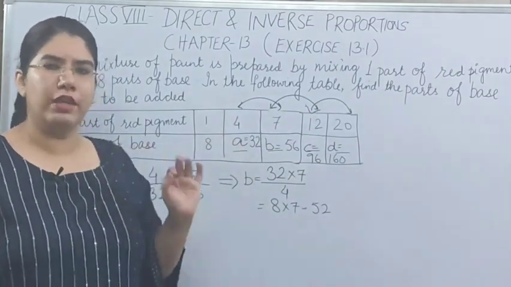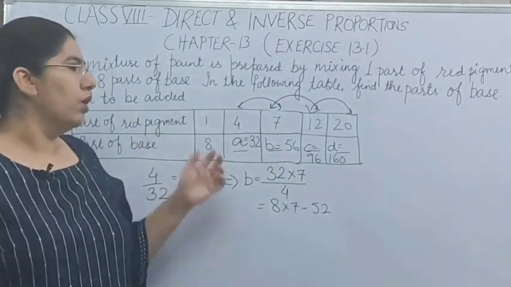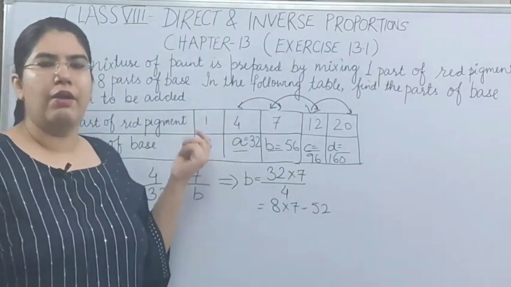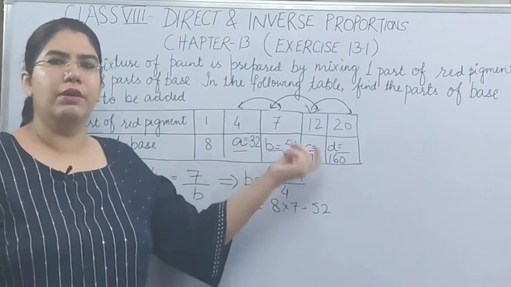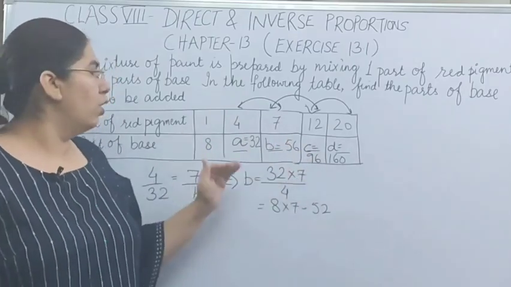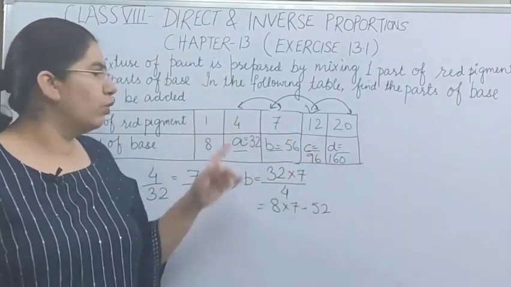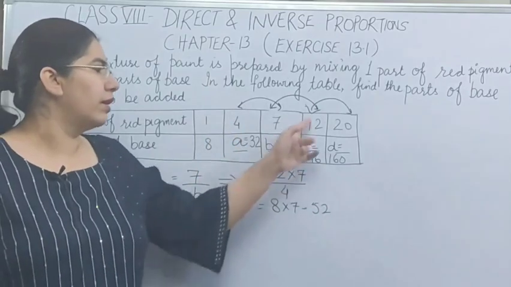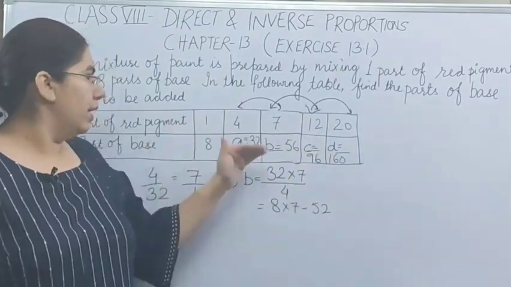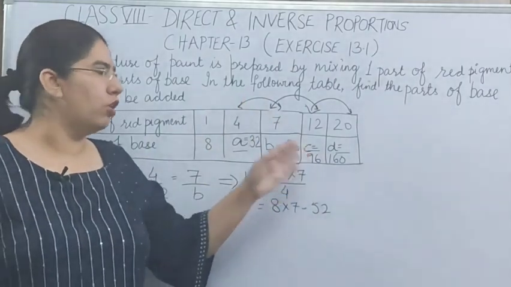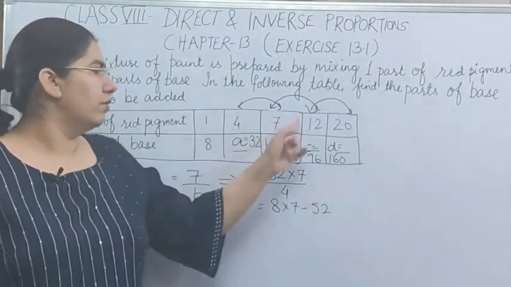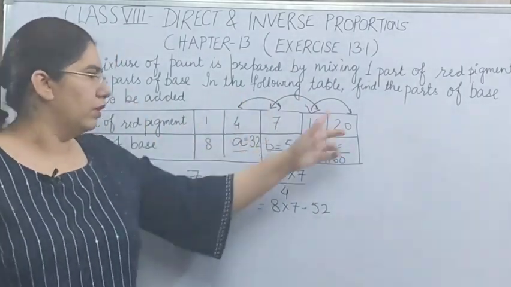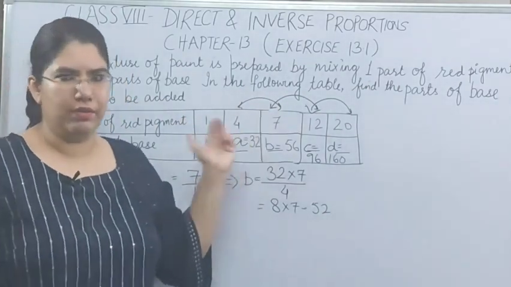So the safest thing which you should do is use 1 by 8 for calculating the remaining values. If you are absolutely sure that these values are correct, then please go ahead, and if you are not sure, then use the first one as a comparison.